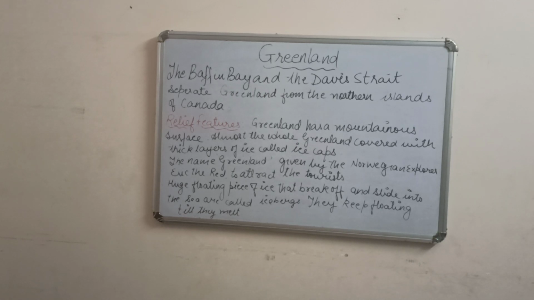Even you have heard the case of the Titanic, where the ship sank in the Atlantic Ocean. That is why an iceberg can be very dangerous to the ships crossing the Atlantic Ocean.